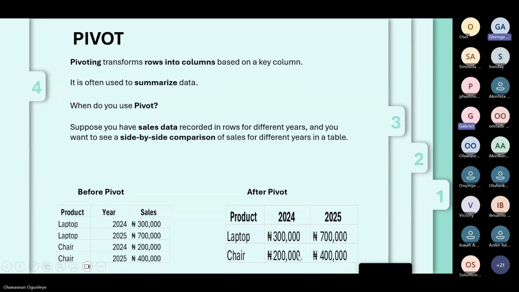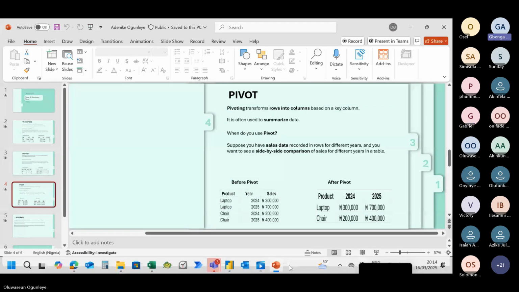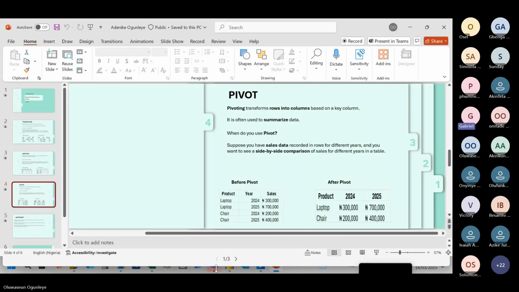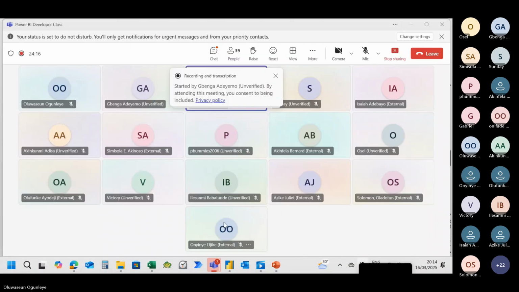I cannot hear Nika again. Can anybody hear? No, we can't see. Why did you mute yourself now, Nika? Maybe she had the call. I don't know why. Okay.